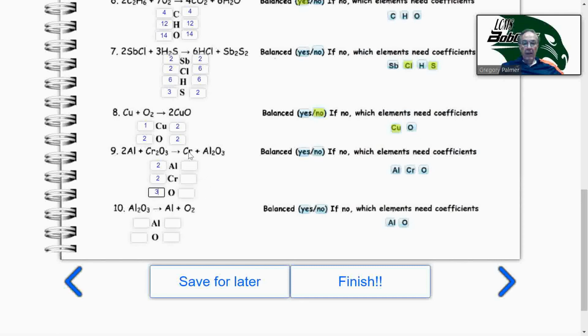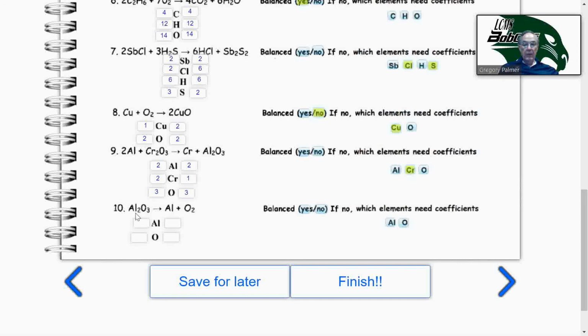And on the product side over here, we have 1 chrome. And in the Al2O3, we have 2 aluminums and 3 oxygens. So it's not balanced. The chromes are not balanced. So we would start trying to put a coefficient in front of the chrome to get that into balance.